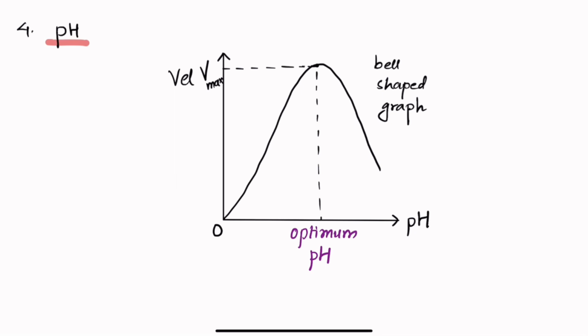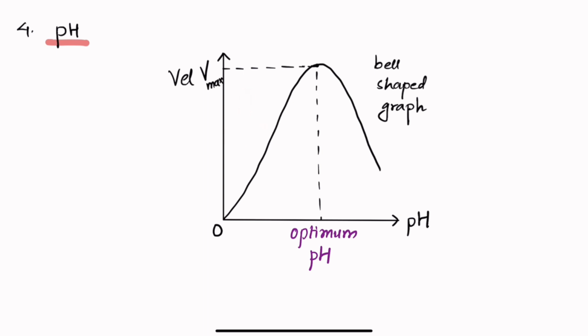The fourth factor affecting enzyme activity is the pH of the chemical reaction. The same concept as that applied in temperature is applied here as well. That is, the velocity of the reaction is maximum, or the activity of the enzyme is maximum, at optimum pH. Below optimum pH or above optimum pH, the velocity of the reaction decreases due to the decrease in activity of the enzyme.